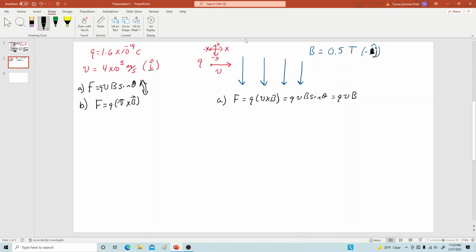And this reduces to 1.6 times 10 to the negative 19 coulombs times 4 times 10 to the 5th meters per second times 0.5 Teslas.